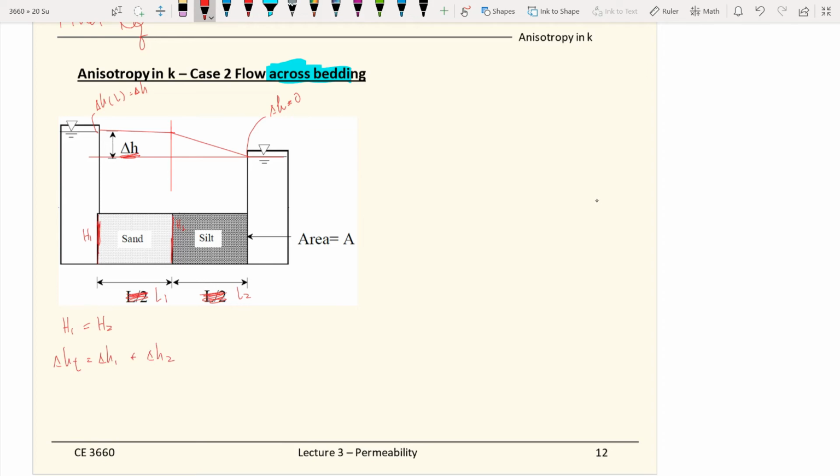At this point we drop delta H1, and then at the end, when we go down, exceeding the silt number 2, we drop the amount of delta H2, and the two add up together to equal the total head. And the amount of flow we are going through will be equal to Q1 equals Q2. I'm sorry, it's not plus, it's equals. So the rate is the same throughout the whole setup.